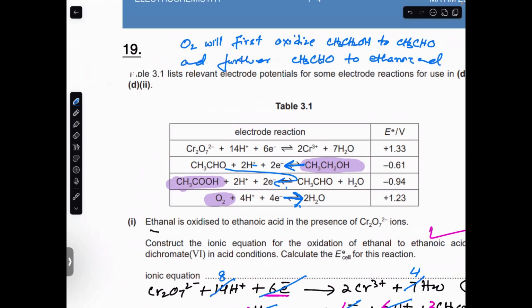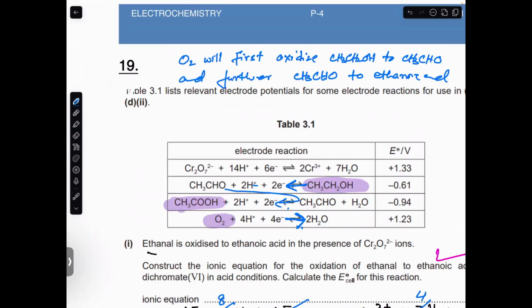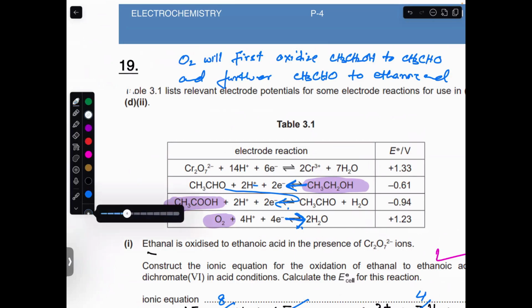If I construct the equation for you, wait a minute. It's like this.